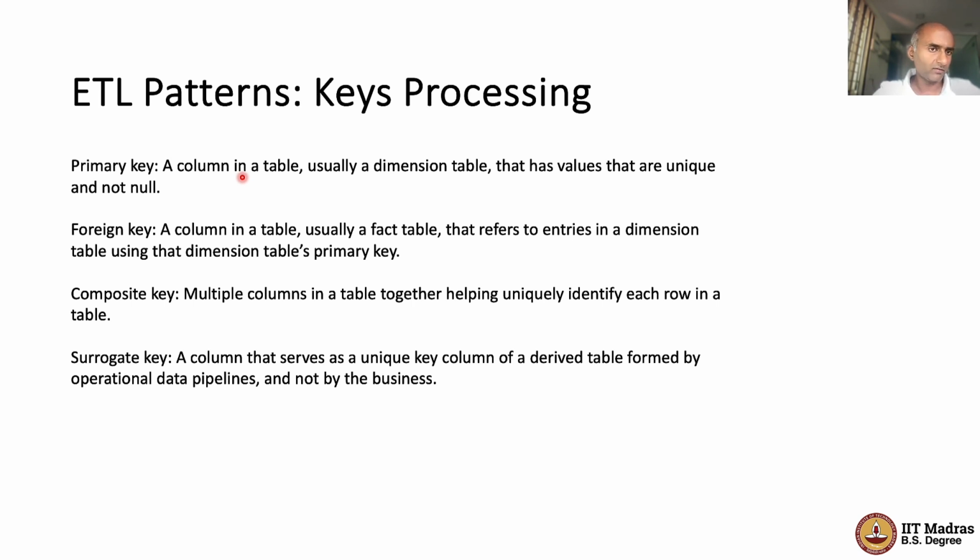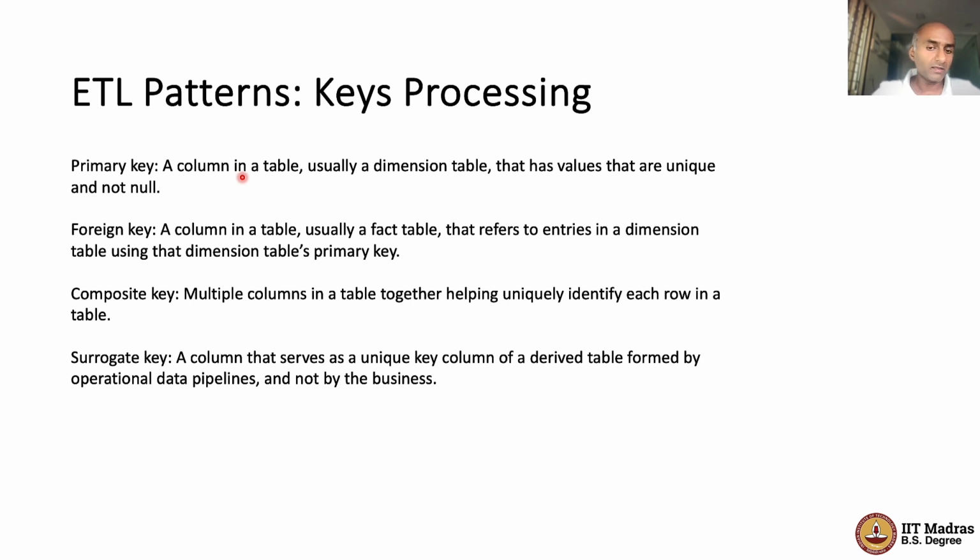As an example, let's take a look at the familiar world of IRCTC. The set of trains which have been in operation by the Indian Railways, you can think of that as a dimension table, because that's a set of data which makes sense in the context of operating the Indian Railways.